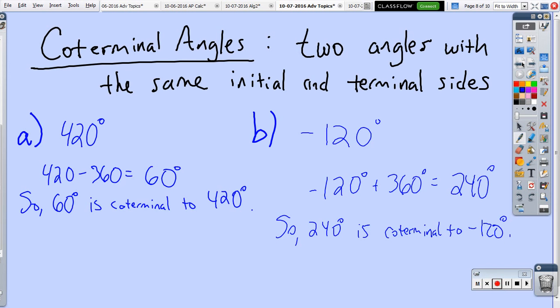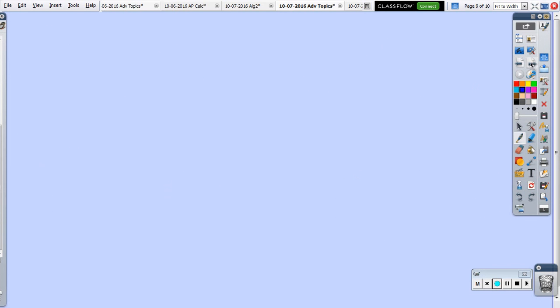So with the negative numbers, would you always, wait, that one you subtract from 360?